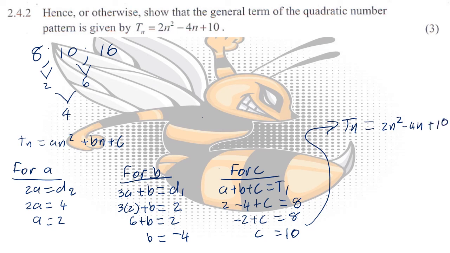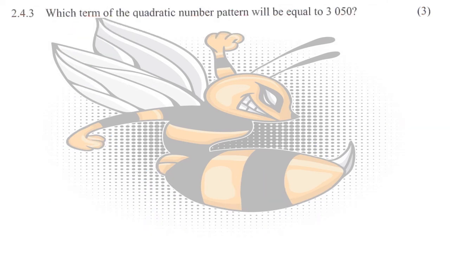Okay, and that was your 3 marks. Now with the last question, they ask you which term of the quadratic number pattern will be equal to 3050. So they're asking you what value of n, and they're telling you that the term value is 3050, so they're giving you Tn.